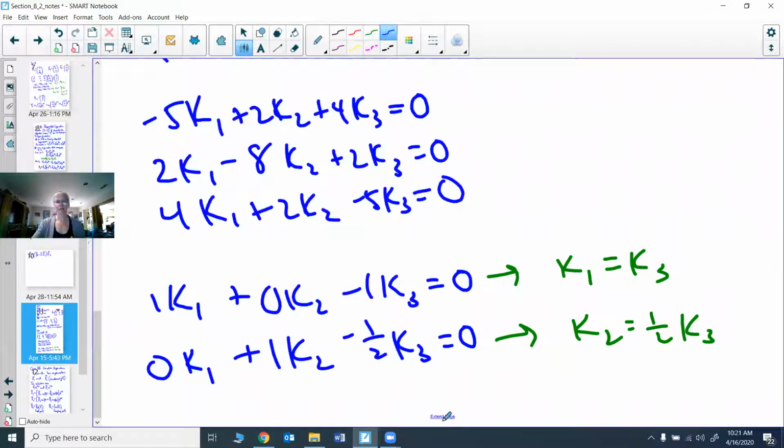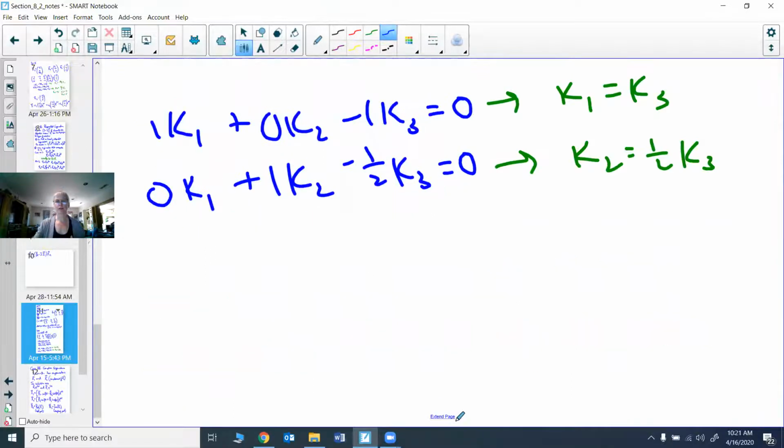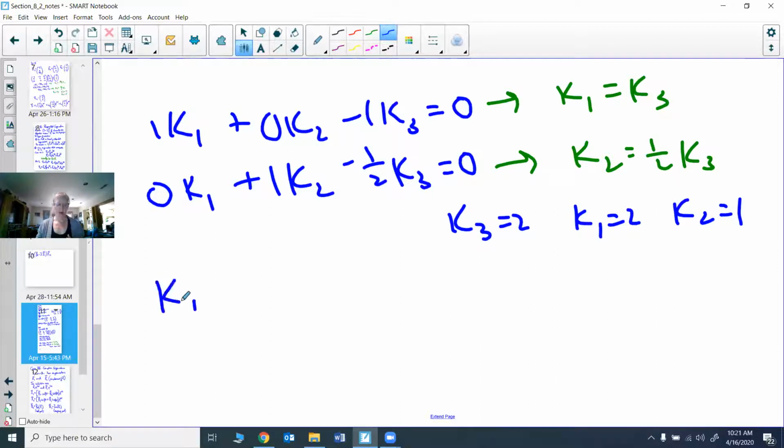So in this case, I can say that K3 is, let's say, 2, which means K1 is 2 and K2 is 1. So our K1 in this case is the column matrix 2, 1, 2.